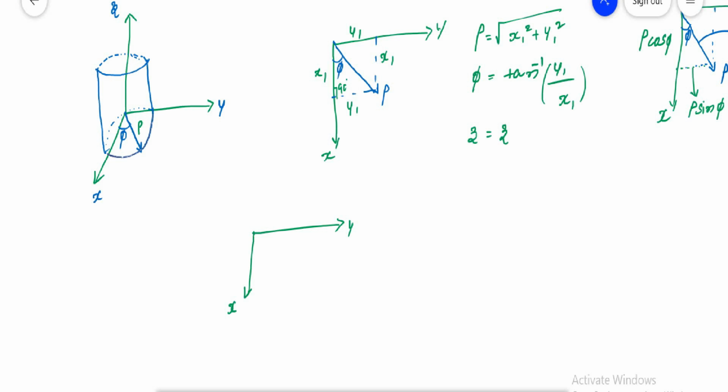So this is your rho, a radius vector, and this is your phi. If I want to maintain the radius of a circle constant, then to maintain the radius constant, if I increase the x value, I need to decrease the y value, then rho becomes constant.